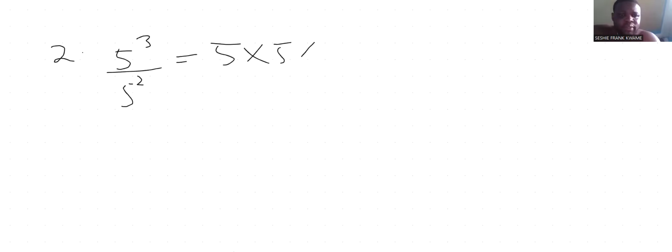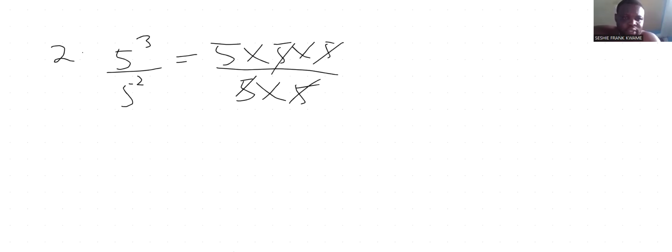The second law of indices has to do with the quotient law. With the quotient law, we are looking at, let's say, 5 exponent 3 over 5 exponent 2. Obviously, 5 exponent 3 is 5 times 5 times 5, and 5 exponent 2 is 5 times 5. The 5s cancel out, and the answer is 5 exponent 1.